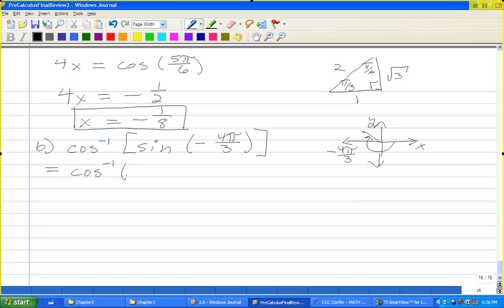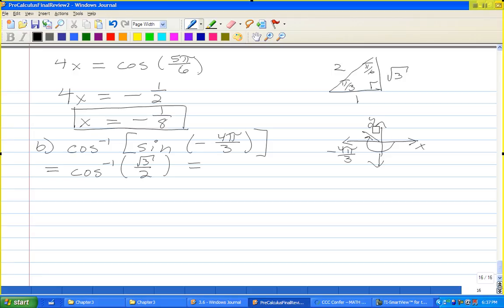So it's a positive rad 3 over 2. Okay. Because you're in the second quadrant, and sine, the y values, are positive in the second quadrant.